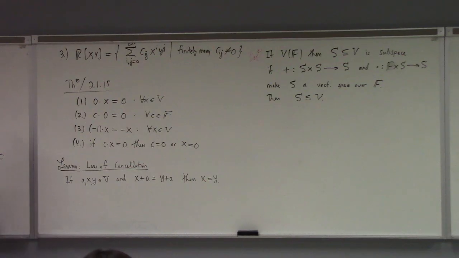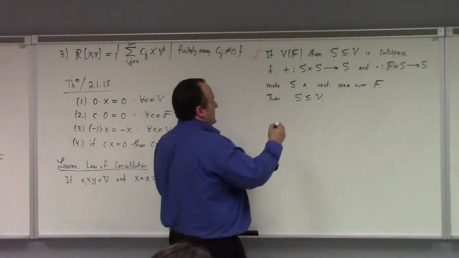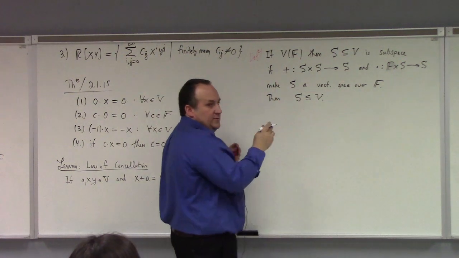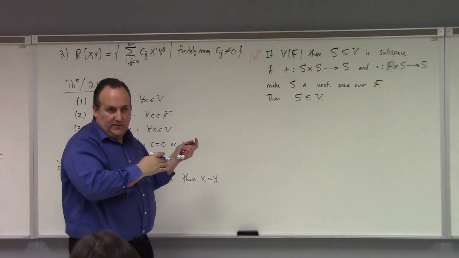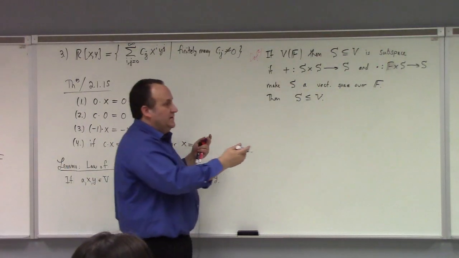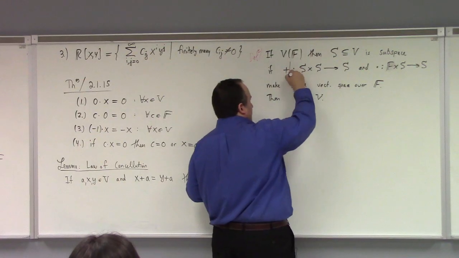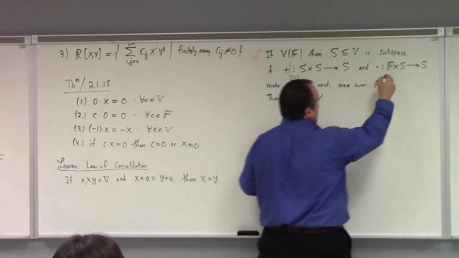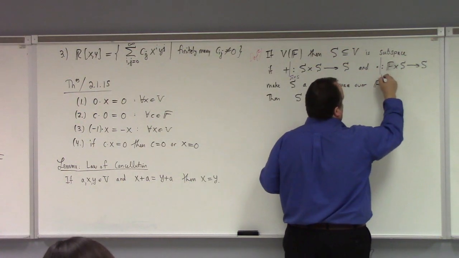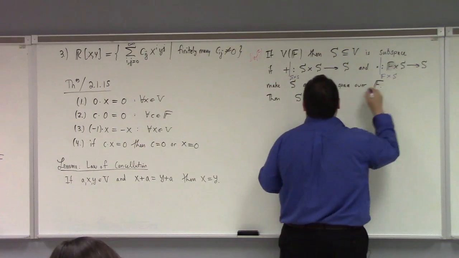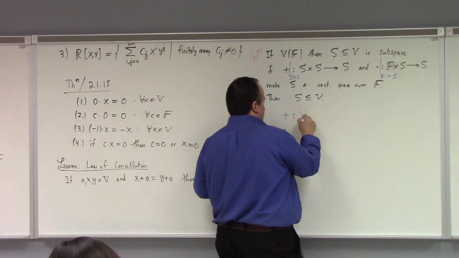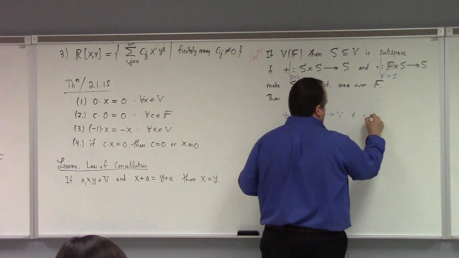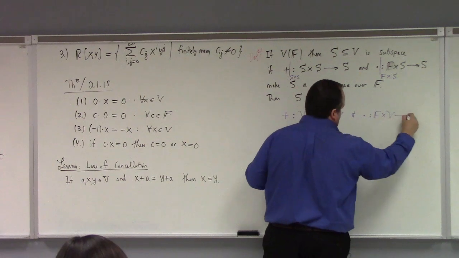Remember last time we read out the 10 axioms. The domain for plus was originally V cross V, right? And the domain for scalar multiplication was F cross V. So technically, this is the restriction of the vector addition to S cross S. And this is the restriction of the scalar multiplication to F cross S. The original vector addition is from V cross V to V, and the original scalar multiplication was from F cross V to V.